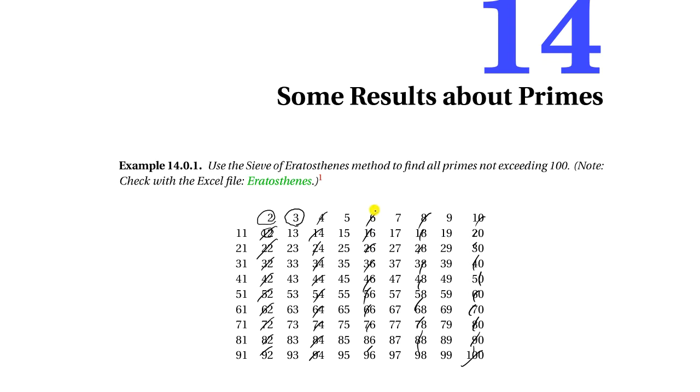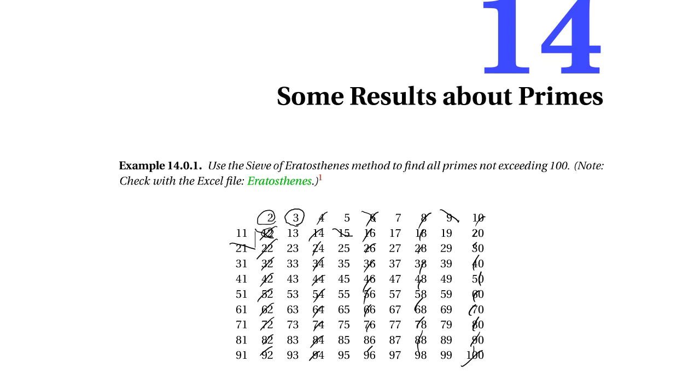Now, 6 is a multiple of 3 too, but it was already cancelled out by a multiple of 2. But 9, we have to cancel out. 12, like that. And 15, and 21, right? So we just do these procedures. After we finish all these procedures, the survivors are the only prime numbers between 1 and 100.